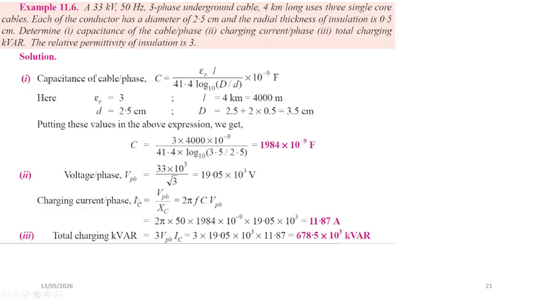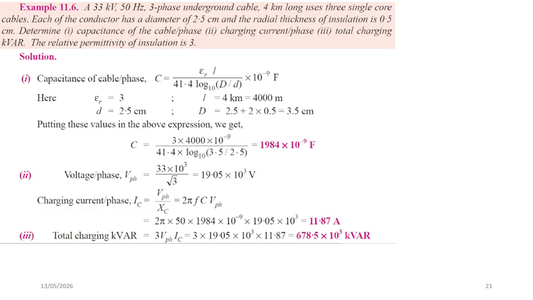And the charging current per phase can be obtained as 11.87 amp using the capacitive current equations. We know about that equation.